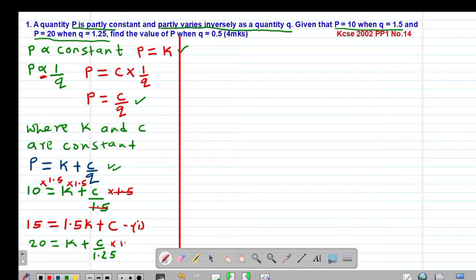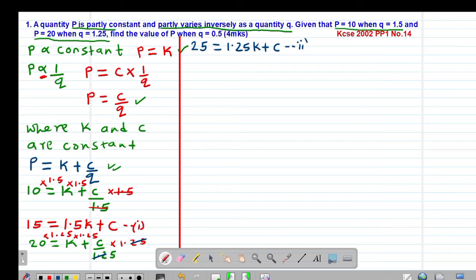I multiply each term by 1.25. Now, if I take 20 multiplied by 1.25, I'm going to get 25. So on the other side, I'll have 25 being equal to K times 1.25, which is 1.25K, plus 1.25 and 1.25 will cancel out, so I'll have C. This will be my equation Roman 2.